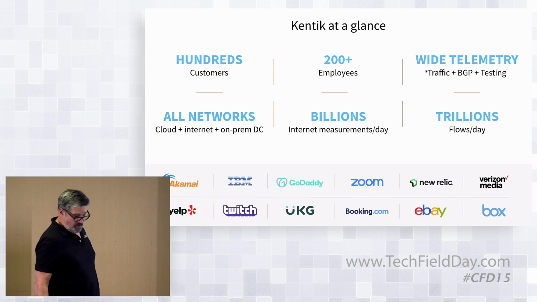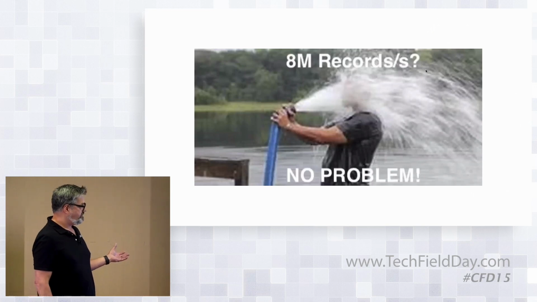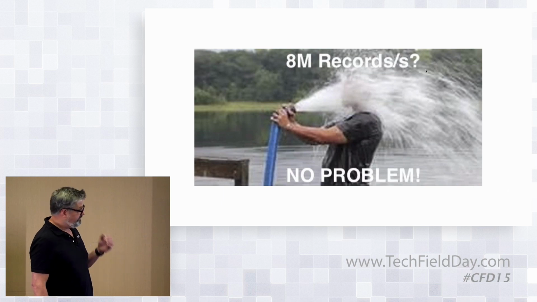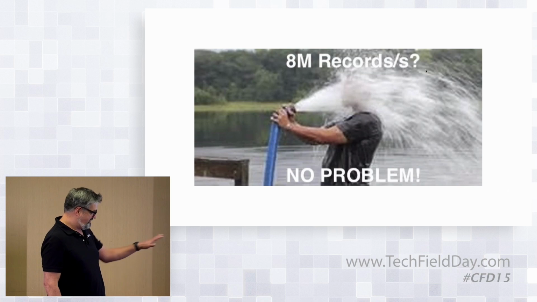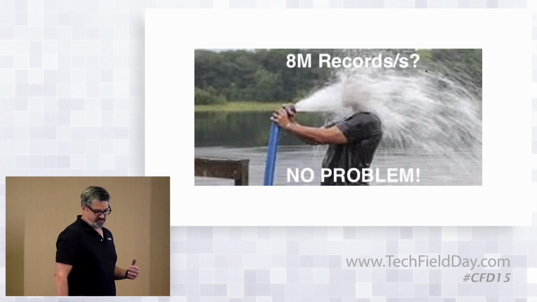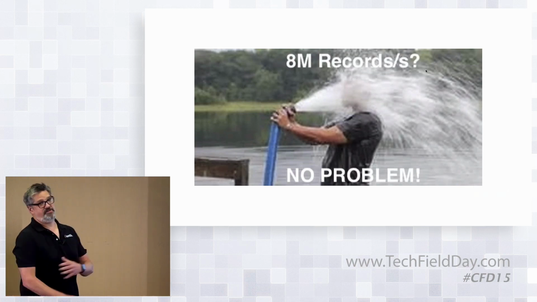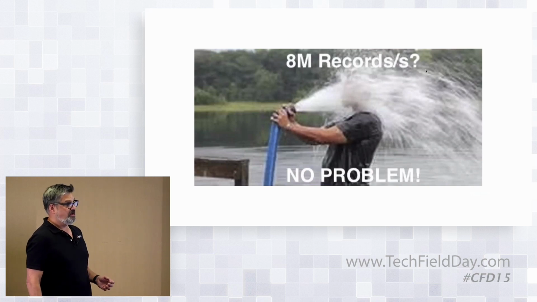If I look at this, our current ingest in our US cluster is 8 million records per second. Not a problem for us. That guy seems to be having a problem, but we're not having one. When you think about this, it's 8 million records per second. Even if you're just grabbing them off the wire and slamming them into a database, that's a really hard thing to do.